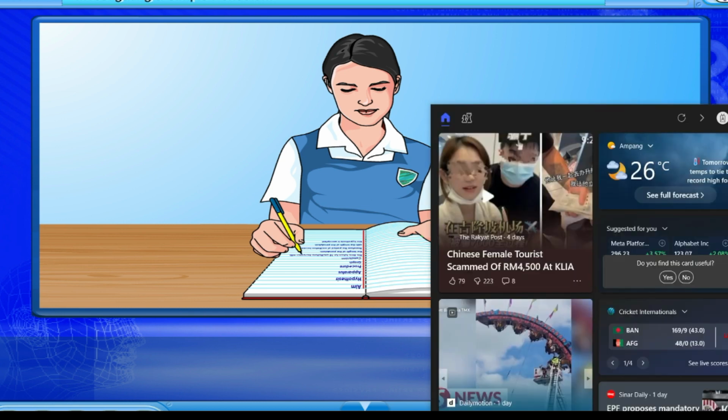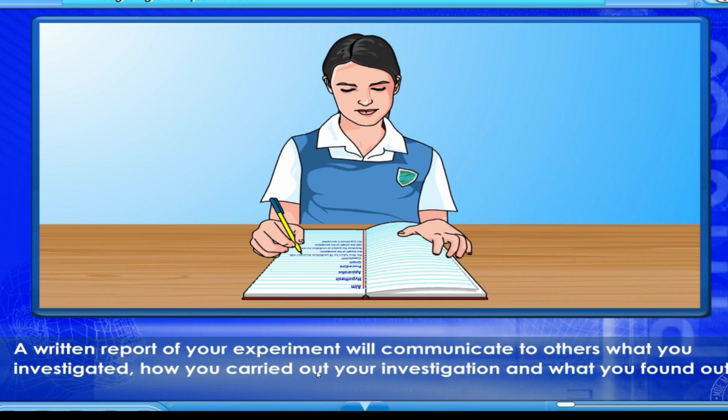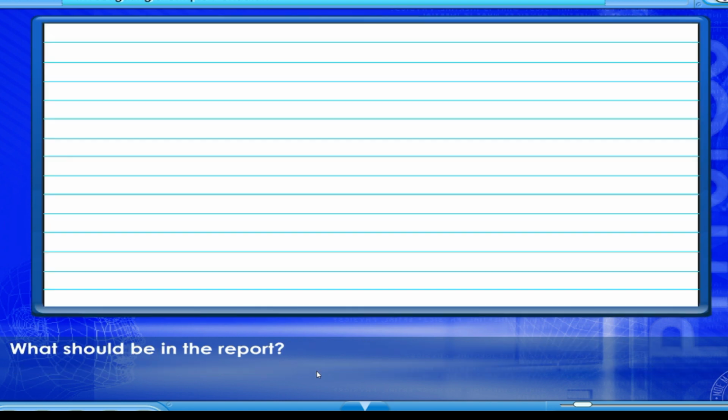Why should you write a report? A written report of your experiment will communicate to others what you investigated, how you carried out your investigation, and what you found out. The report can be used as a reference. Let us consider what should be in the report. Why was the experiment carried out?